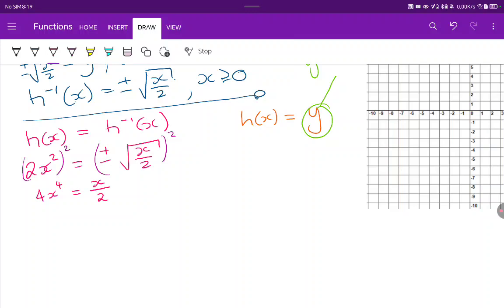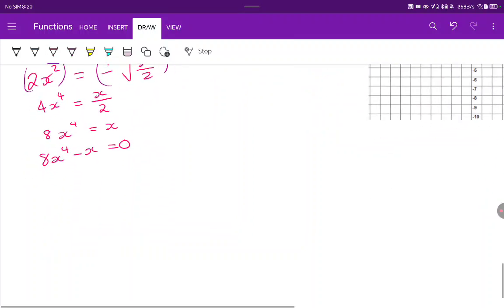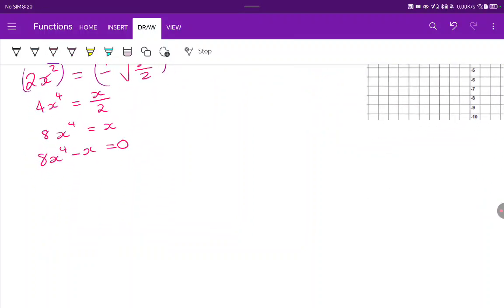Multiply both sides by 2. 8x to the 4 is equal to x. Take x over. 8x to the 4 minus x equals 0. Take out the highest common factor, which is x. You have 8x cubed minus 1 equals 0.